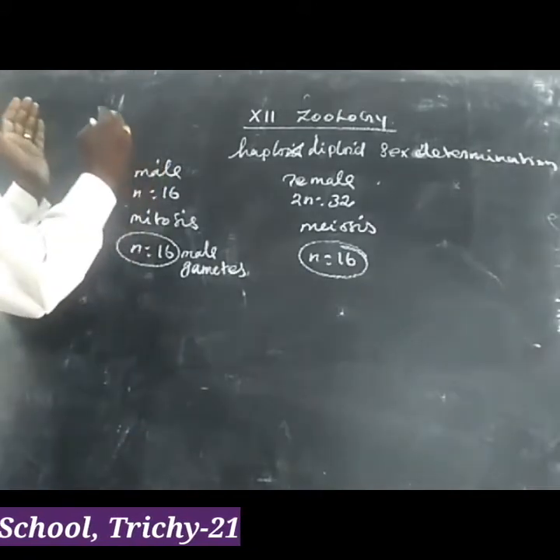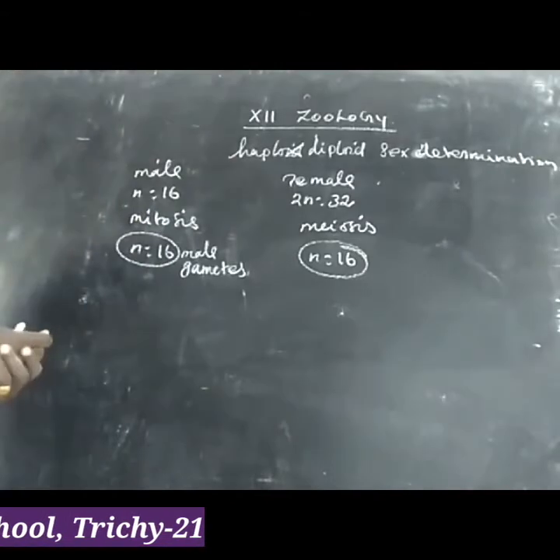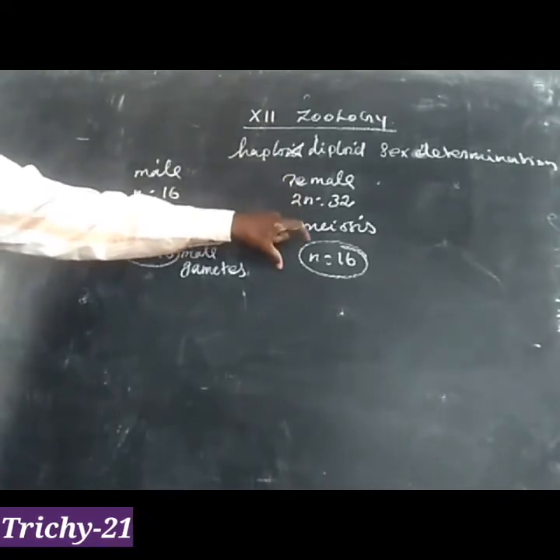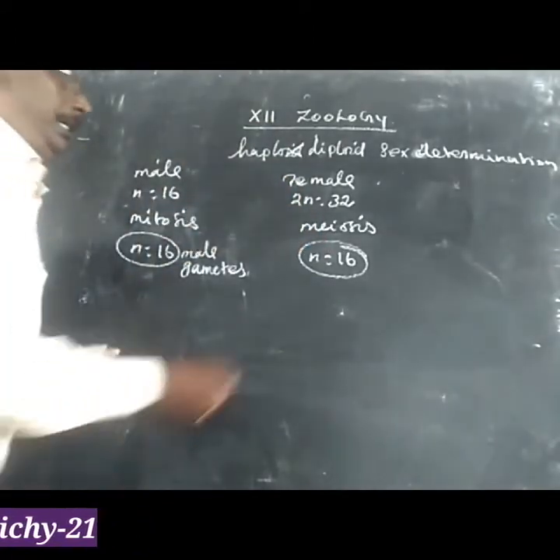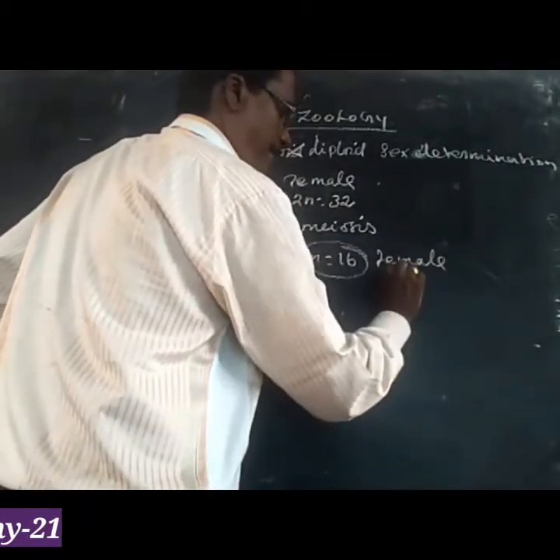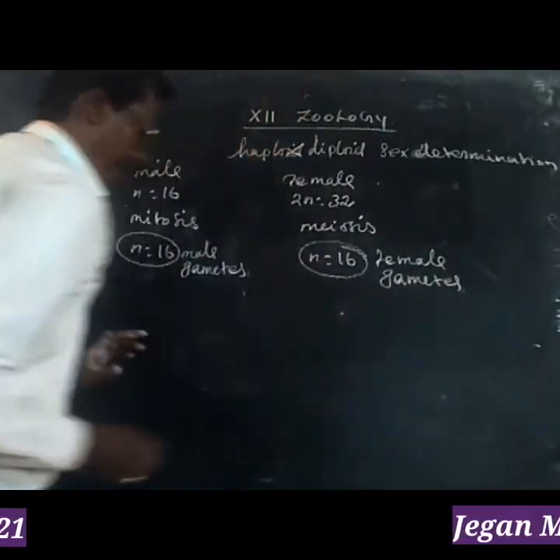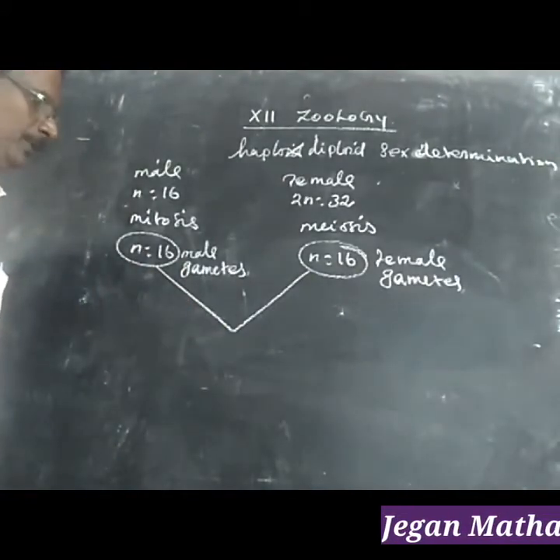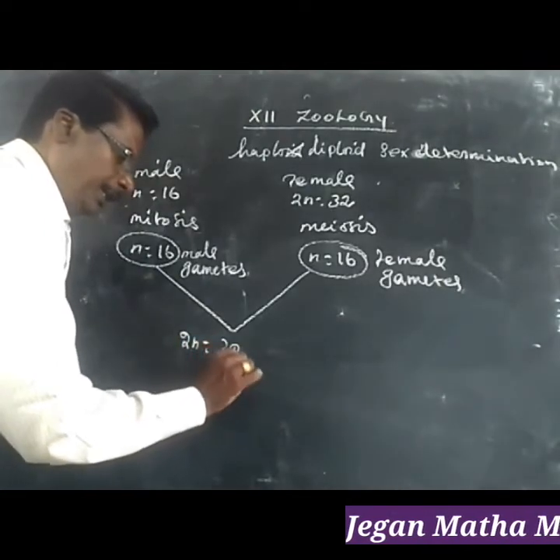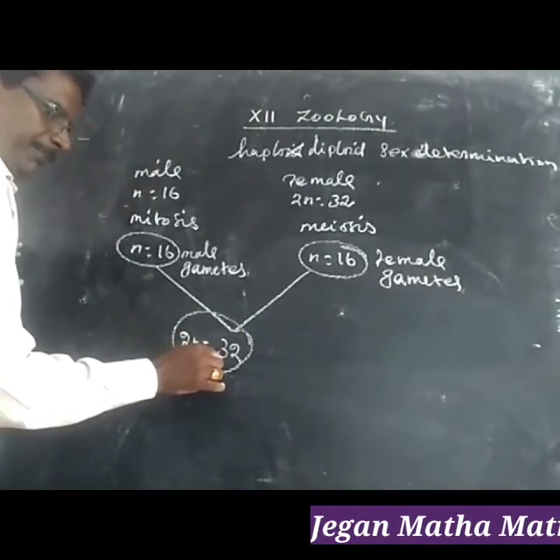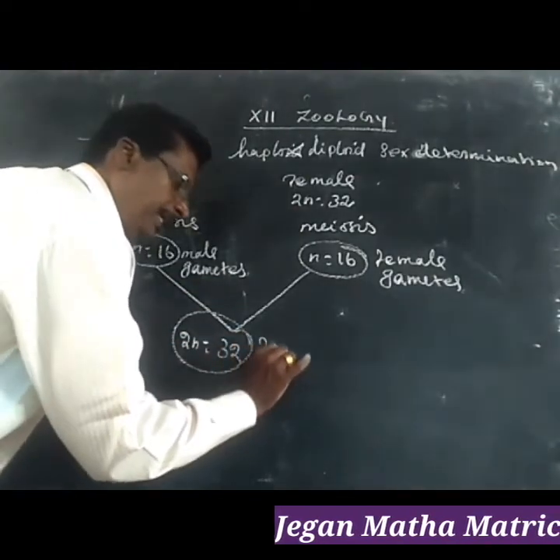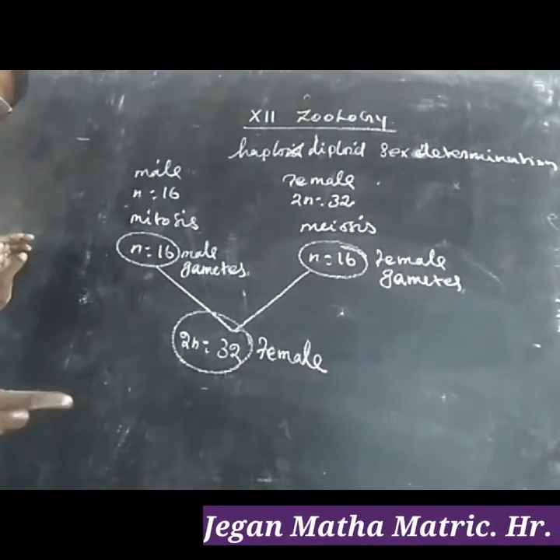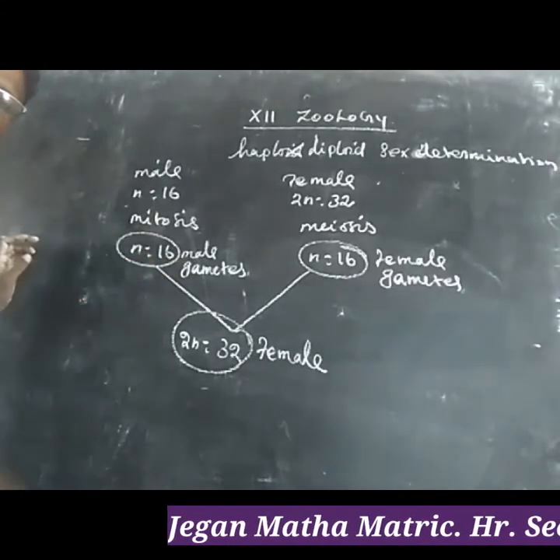When both gametes fuse, fertilization occurs and 2n equals 32 chromosomes. So they have a diploid nature, and the diploid set converts into a female young one.